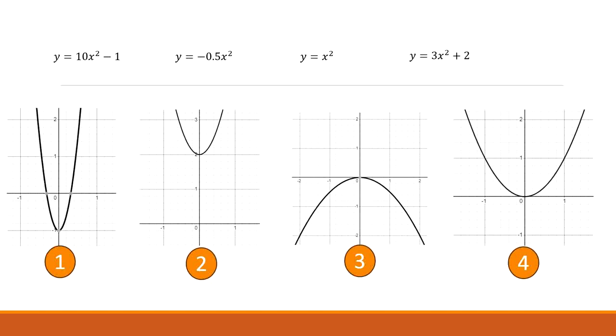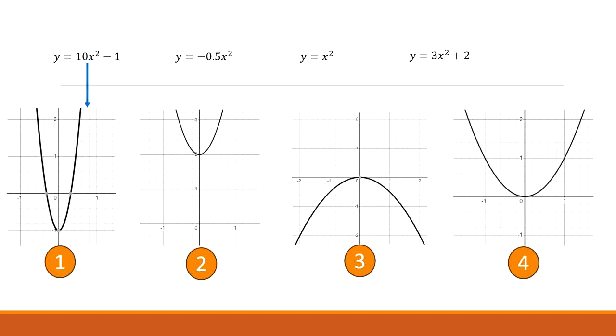I know it's crossing the y-axis at minus 1, and I've got a 10 there, so it's going to be pretty close together, narrow. From the graphs I've been given, there's only one that crosses at negative 1, so that's very easy to pick out.